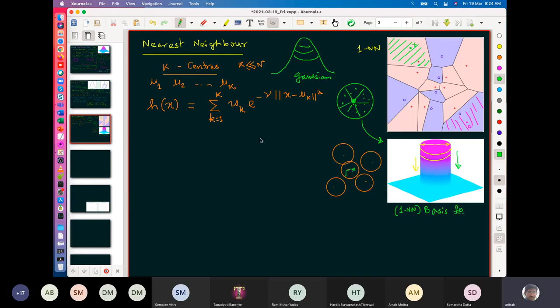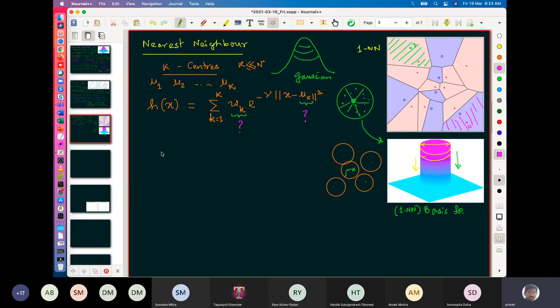So here in radial basis, if we want to choose k centers, the question comes: we now see two parameters we need to learn. One is mu k, one is wk. So how do we choose mu k and wk while learning from the set of data points given to us?